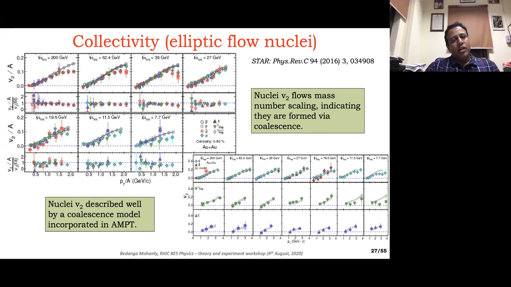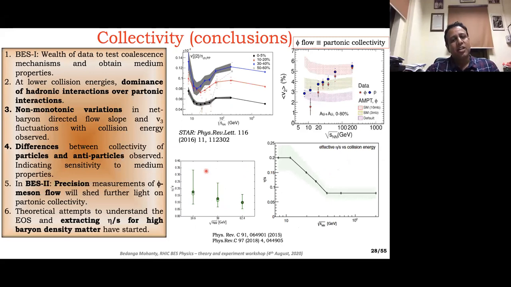So what are the conclusions related to collectivity? We have a wealth of data coming from collectivity measurements, through which we can test various coalescence mechanisms and understand medium properties. All of these data seem to indicate that there could be dominance of hadronic interactions over partonic interactions. There are indications of switching off of this NCQ scaling at lower energies.